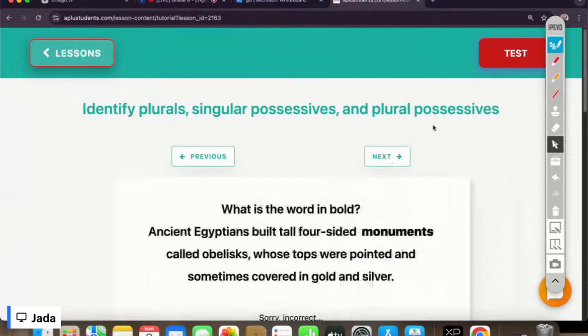Okay, so here we have: Ancient Egyptians built tall four-sided monuments called obelisks, whose tops were pointed and sometimes covered in gold and silver. What is the right one here?